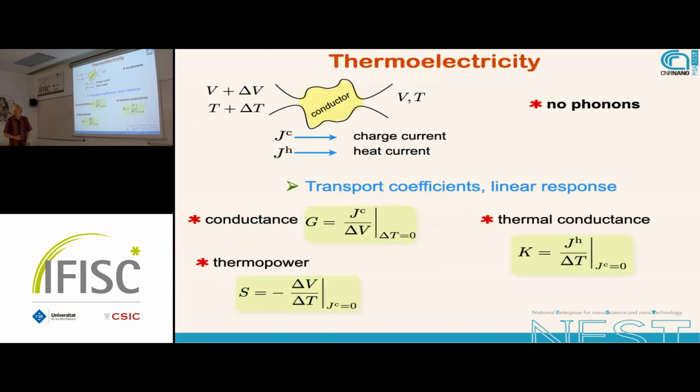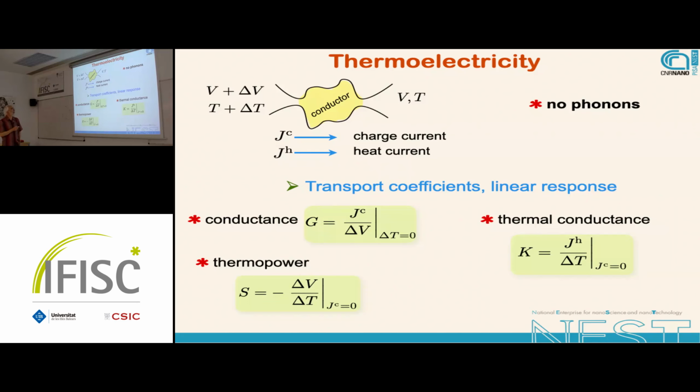So, thermoelectricity. Our main object is a conductor. I'm just saying the very basic notions to be sure that we are all on the same page. We have a conductor to which we apply two terminals.